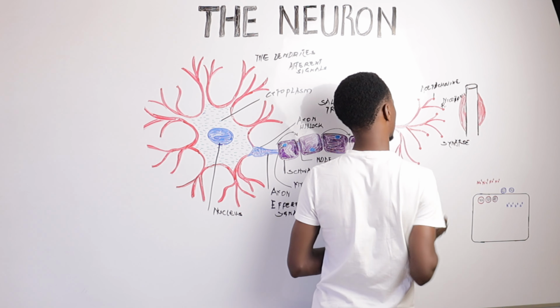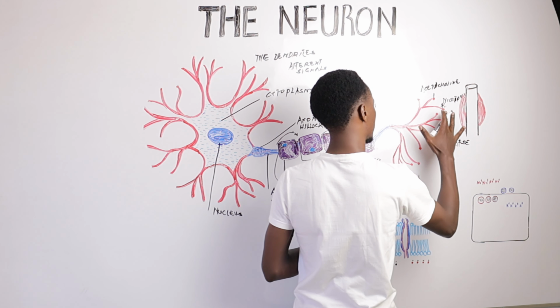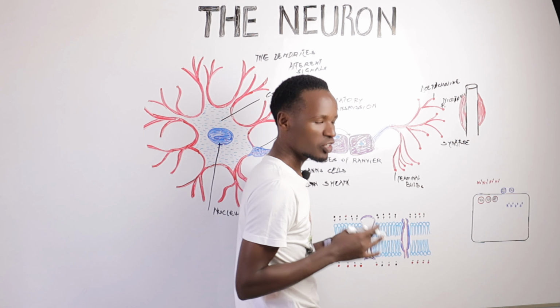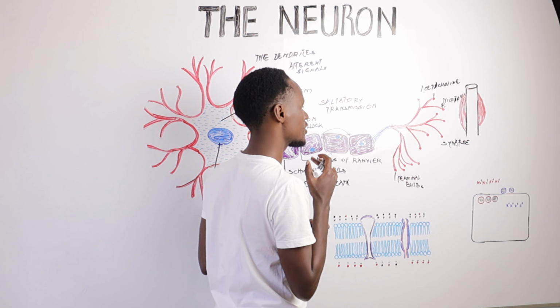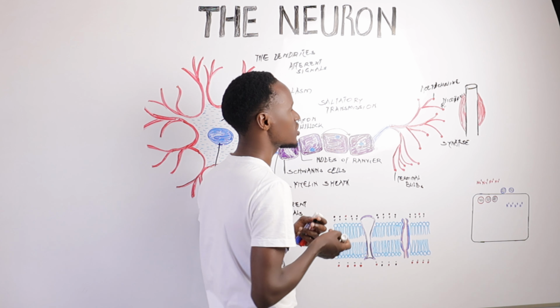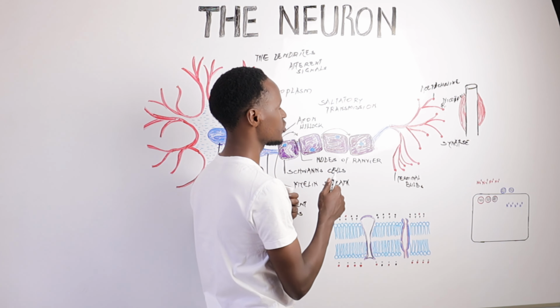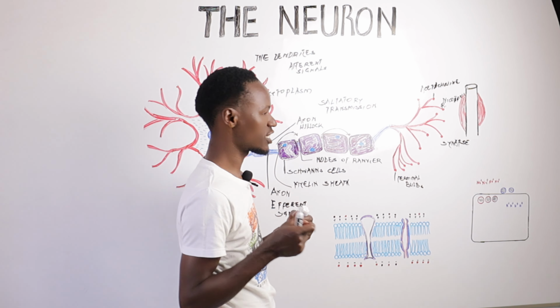When acetylcholine attaches to the nicotinic receptors, it allows the muscle to contract. We are going to talk more about that once we move to the topic of the neuromuscular junction.